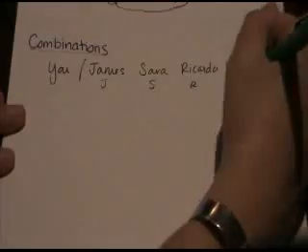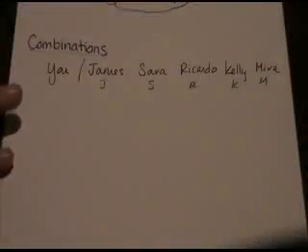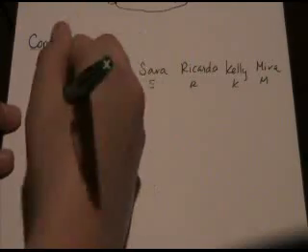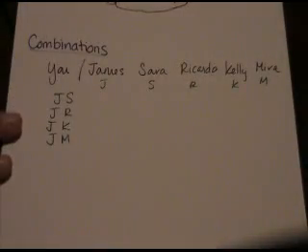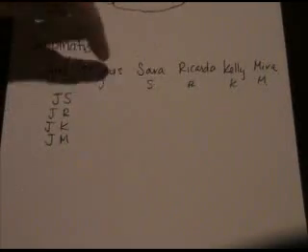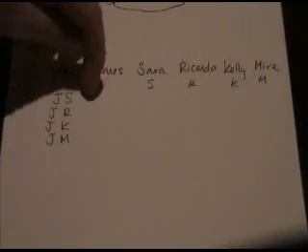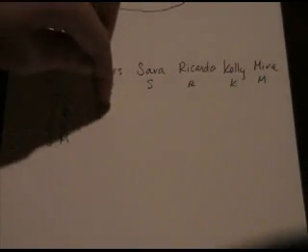So let's see. We'd have, let's shorten their names. That'll make it easier on us. Abbreviate. We could have James and Sarah, or James and Ricardo, James and Kelly, or James and Mira. Now, we already used James and Sarah. So putting Sarah, James, that's still the same 2 friends.